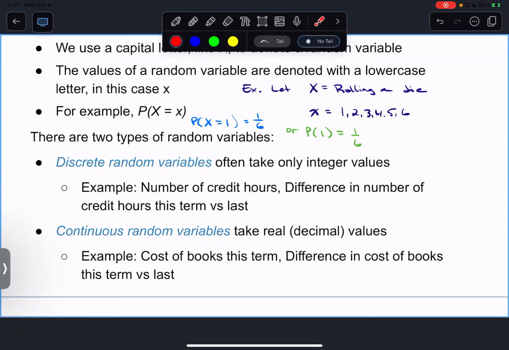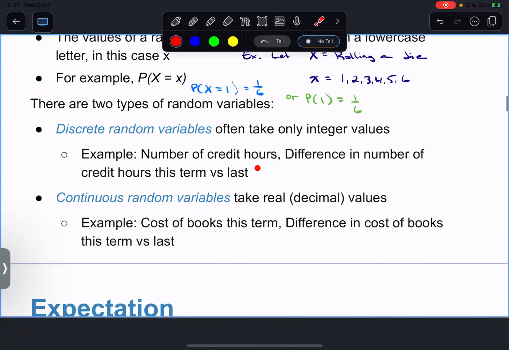So there are two types of random variables. There are discrete random variables that have discrete outcomes like 1, 2, 3, 4, 5, 6, etc. Okay, or some other examples like number of credit hours, or the difference in the number of credit hours this term versus last term, right? All these things that we can derive.